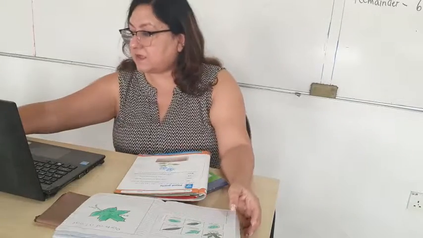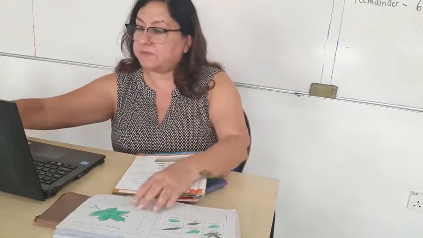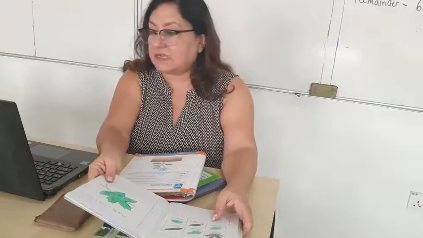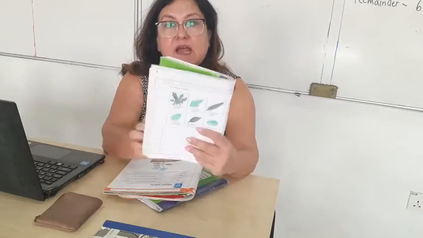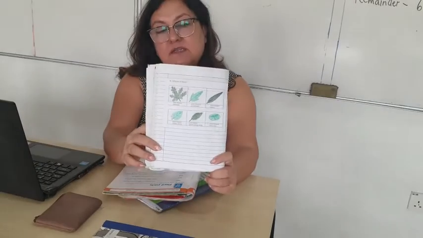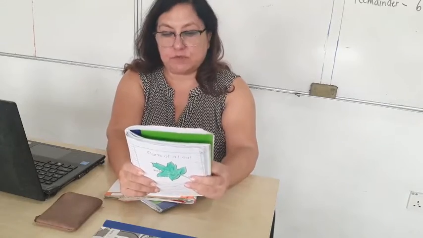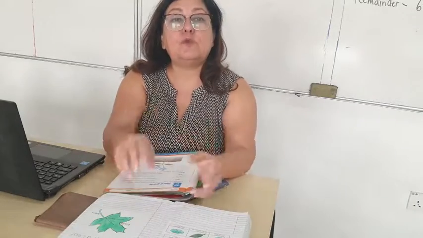Then the last part is to name the different shapes of the leaves. That has also been done, and you have it in your exercise book. You have the round shape, the lobe shape, the heart shape, and the lance shape. Look at the picture and label the leaf correctly according to its shape.